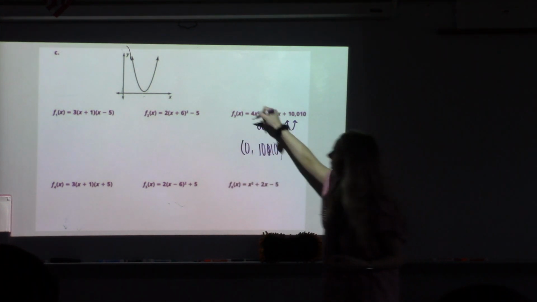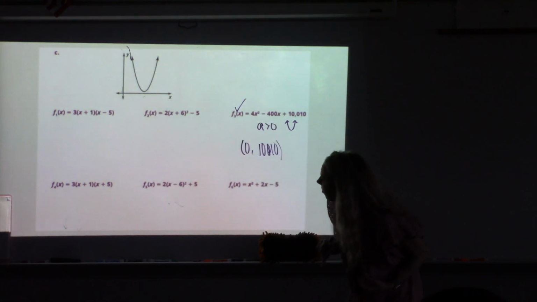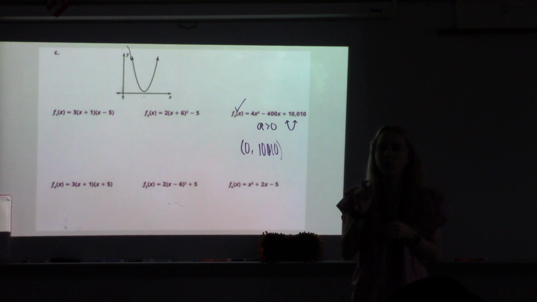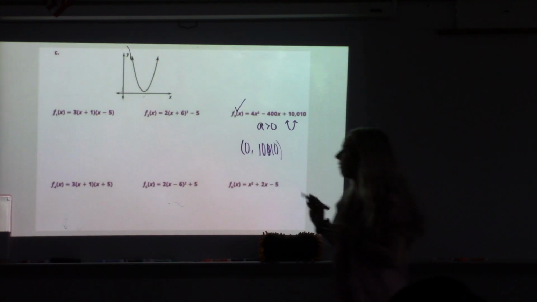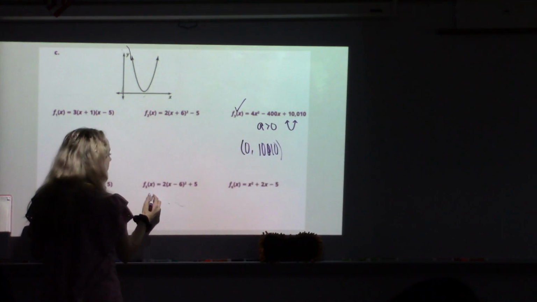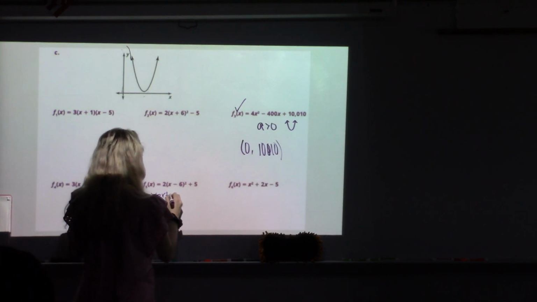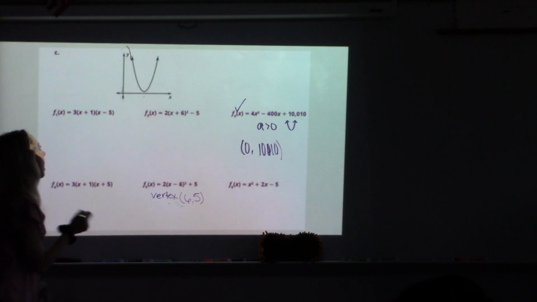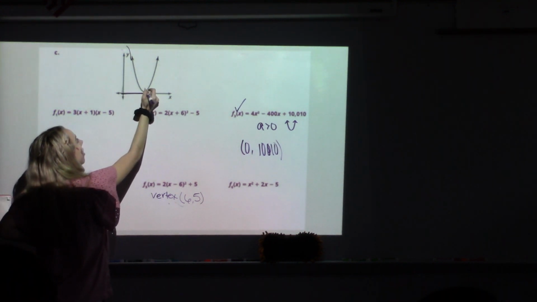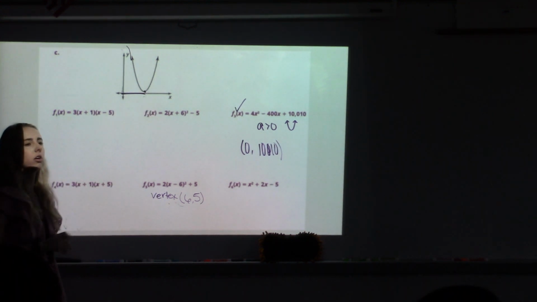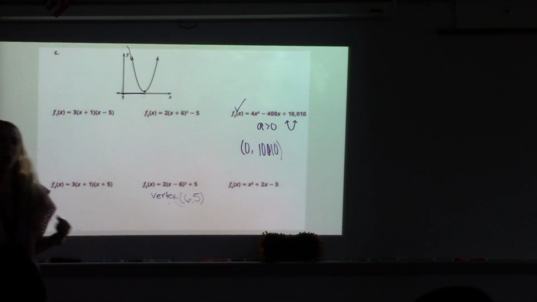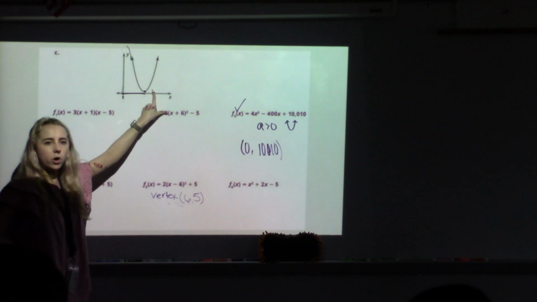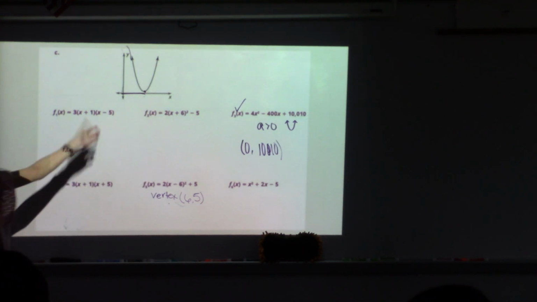Number 5. Okay, let's look at 5. So this is written in what form? Vertex. Okay, vertex. What are the coordinates of the vertex? Positive 6 and 5. It's going to be somewhere over here in that first quadrant, right? Somebody in the last class brought up that it doesn't look like this could be the point 6, 5 because it's so close to the axes.